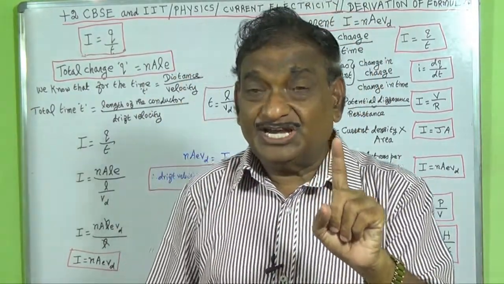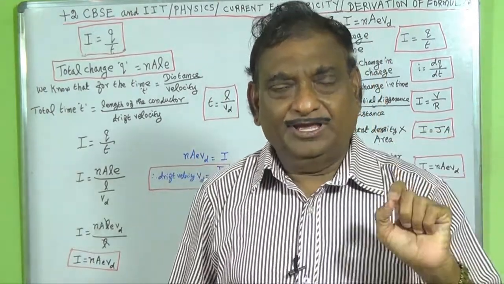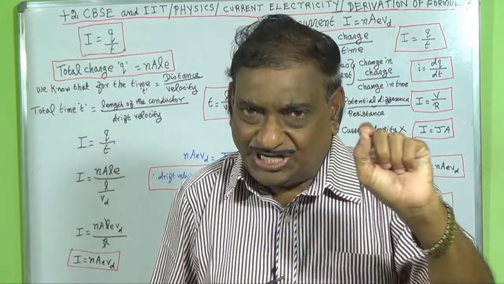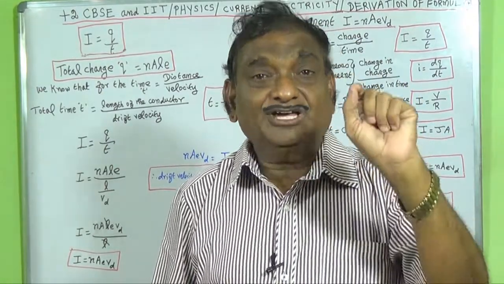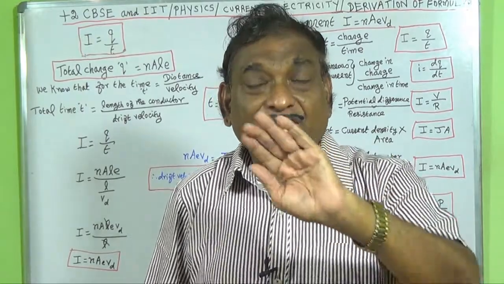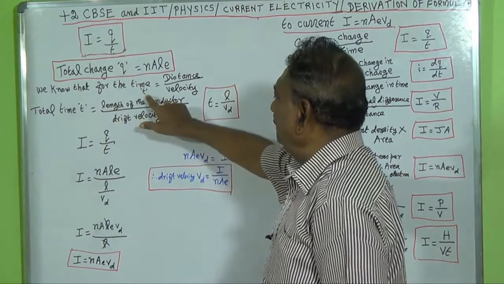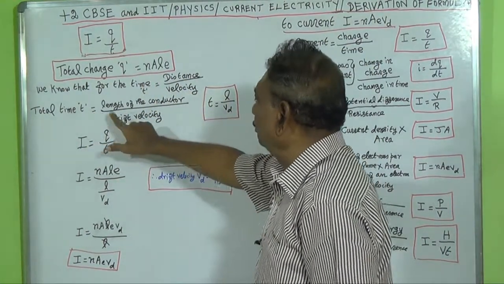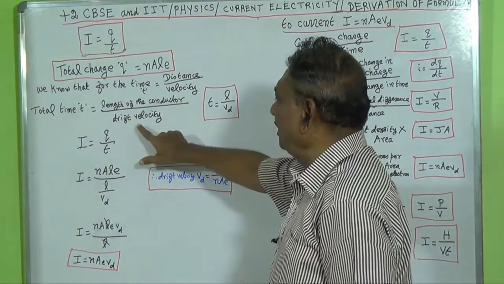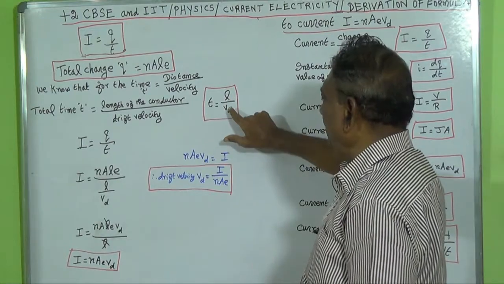Here, the distance represents the length of the conductor, taken as small l. The velocity represents the drift velocity of the electrons. So the total time t equals the length of the conductor by drift velocity. Therefore, t equals l by Vd.